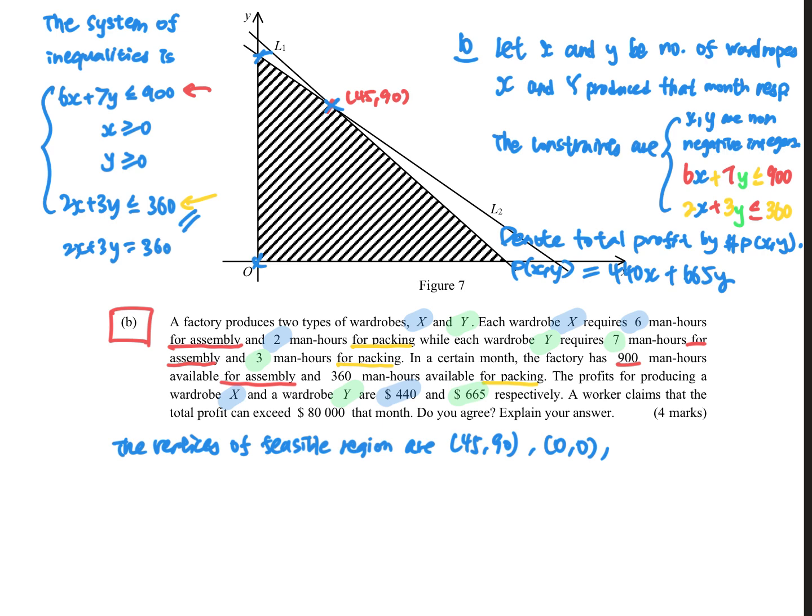Since we are looking at the y-intercept, 3y equals 360, so the point is (0, 120). And finally there will be this point, the x-intercept of L1. So 6x plus 7y equals 900, and we are looking at the x part, so that's (150, 0).